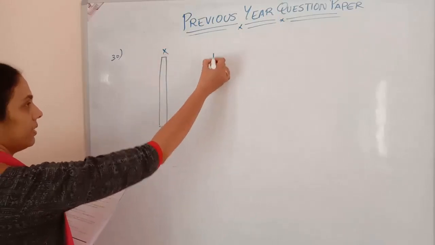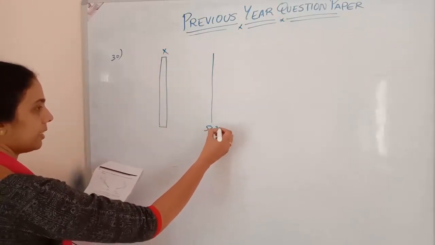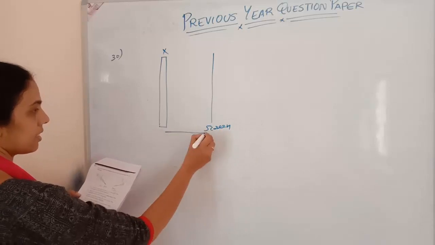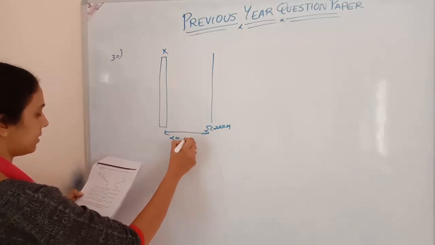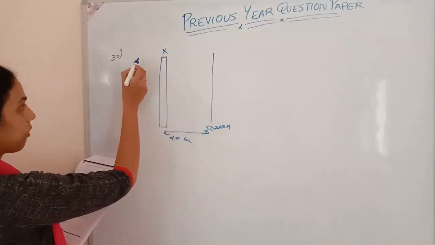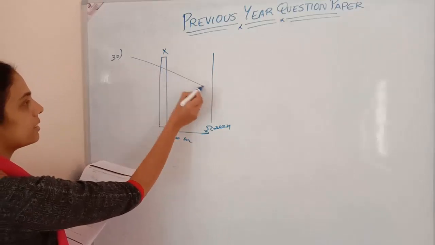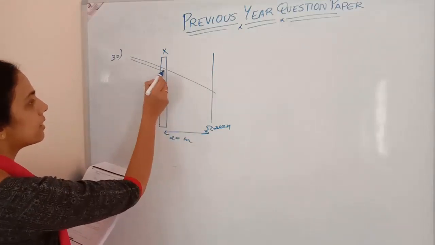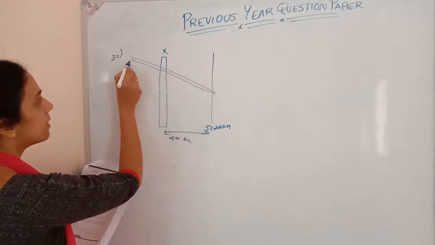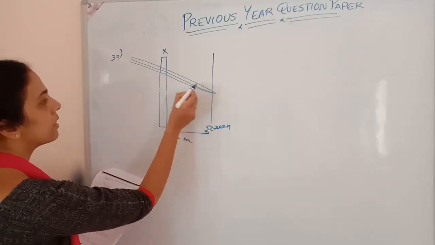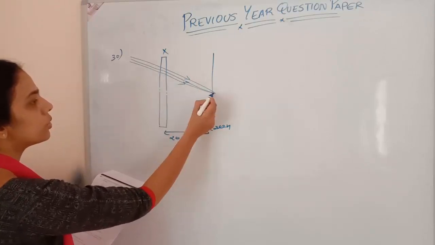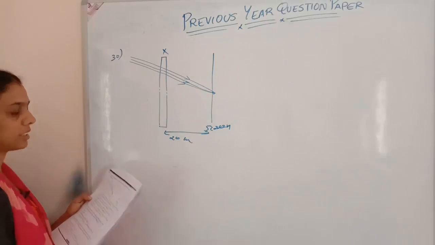In the first diagram, this is X, and this is the position of the screen, and this distance is 20 centimeter, and the rays which are falling like this are all meeting at this point here.